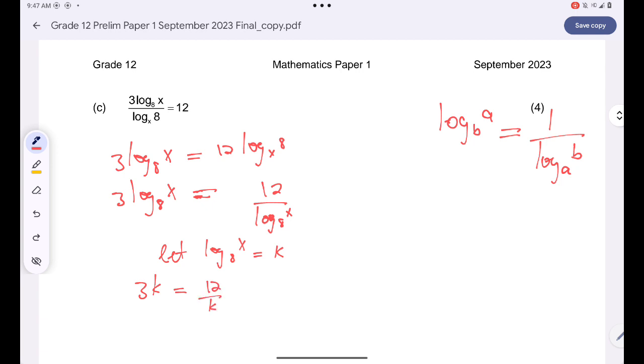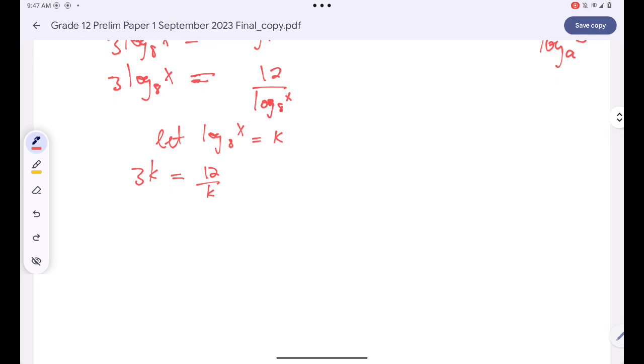And then now you can simply cross multiply. You'll end up having 3k squared is just equal to 12. If you divide both sides by 3, you'll find that k squared is just equal to 4, and hence k is equal to 2, or k is just equal to negative 2.